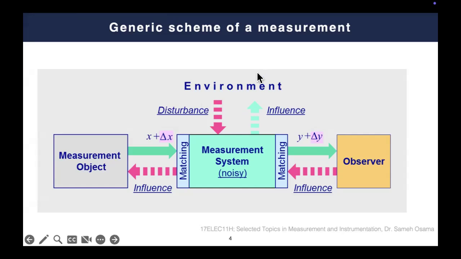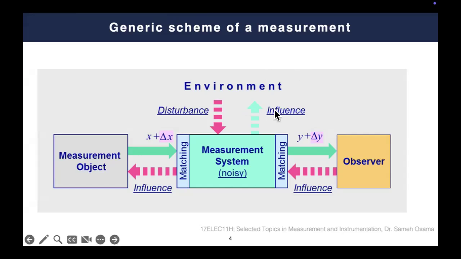Here the environment can impact your measurement system, and accordingly, it can introduce some sort of error or variation. So the environment is one of the factors that can impact your system.